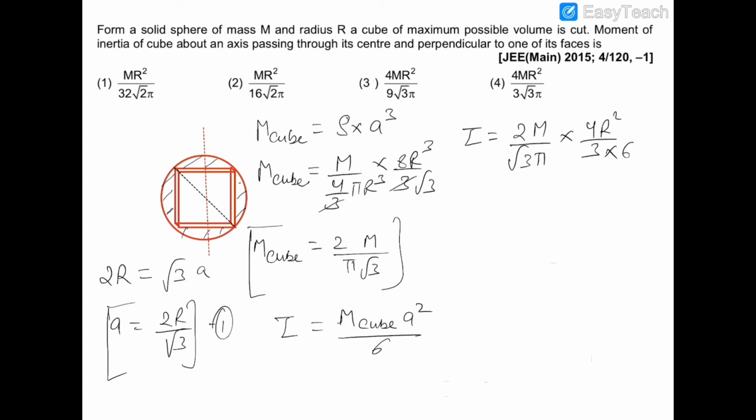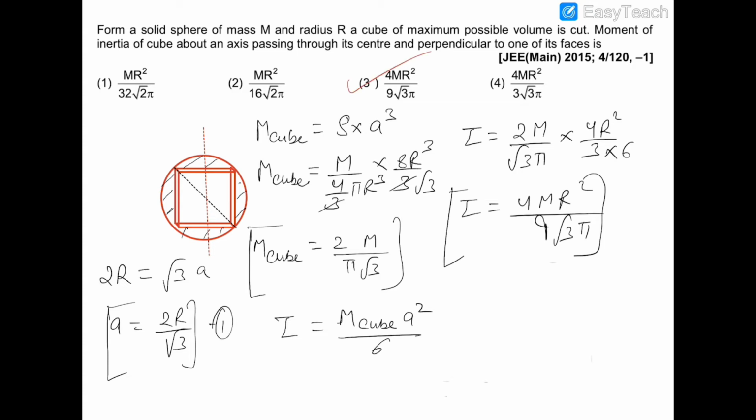So I would be equal to 4m r square by 9 root 3 pi. So the correct answer would be option number 3.